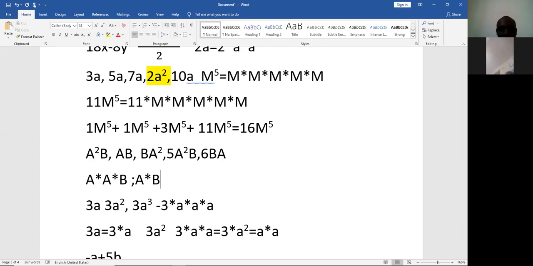Now, ba squared means it is b multiplied by a multiplied by a. 5a squared b means 5 multiplied by a multiplied by a multiplied by b. And finally, 6ba is 6 multiplied by b multiplied by a.